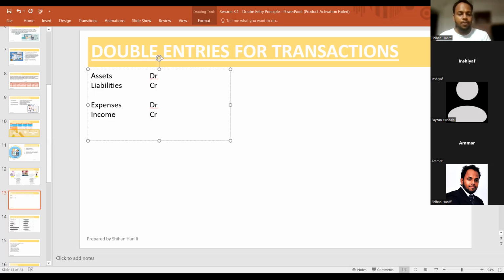Then we'll write purchases and sales. Purchases debit, sales credit.